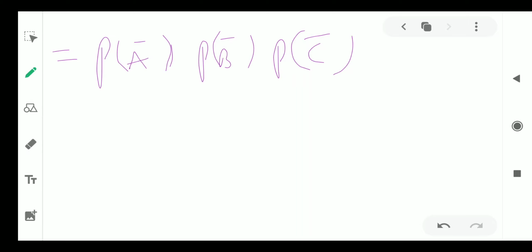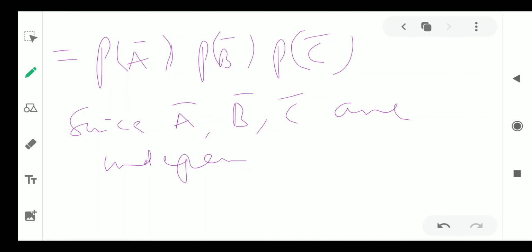Now because they are independent events, we can write P of A bar into P of B bar into P of C bar, since A bar, B bar and C bar are independent events, as we have already seen.